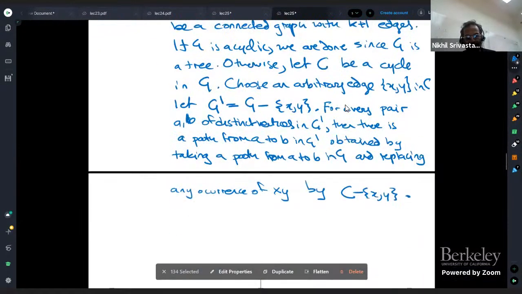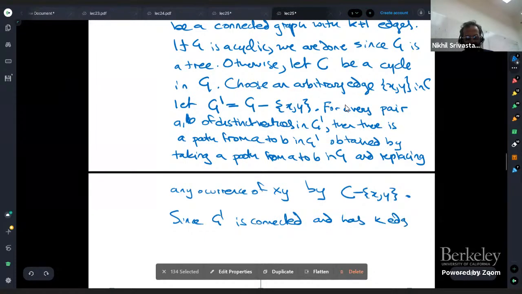But now G prime is connected and has k edges. So since G prime is connected and has k edges, it must contain a spanning tree by induction.